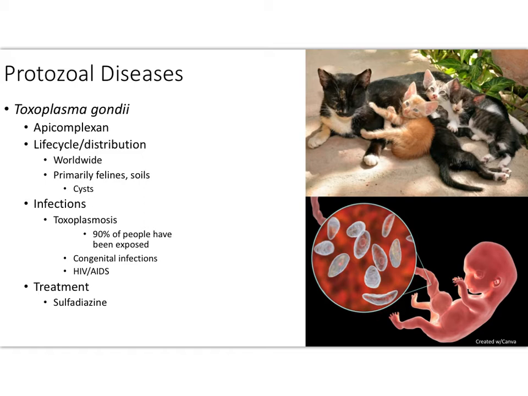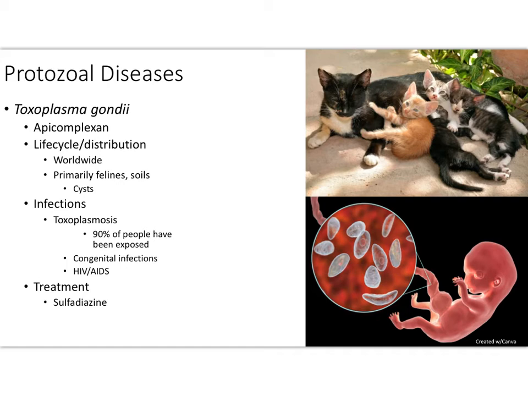And then when a suitable host comes along, it tends to get into the body via the fecal oral route, get swallowed, makes it into the GI tract, and oftentimes will come out of its cyst form in the small intestine and kind of infect the small and large intestine and start to cause some problems there.